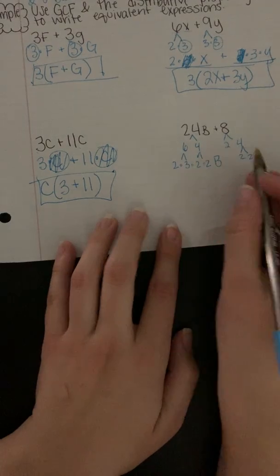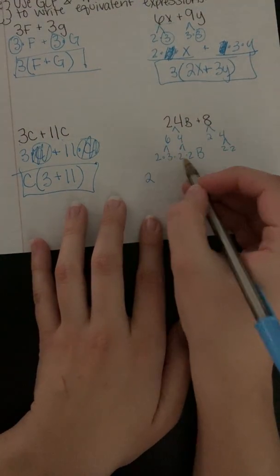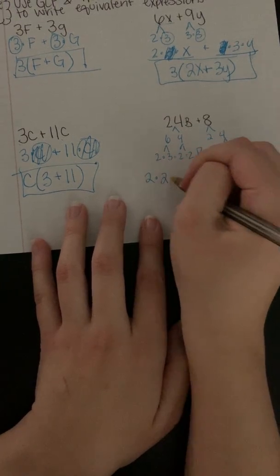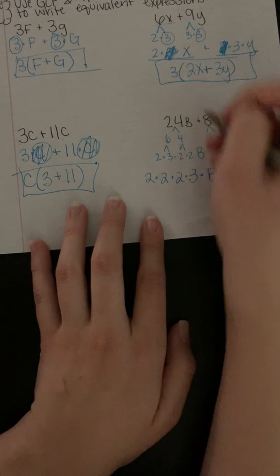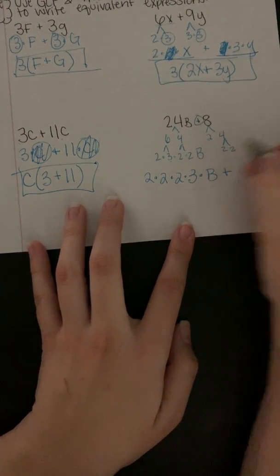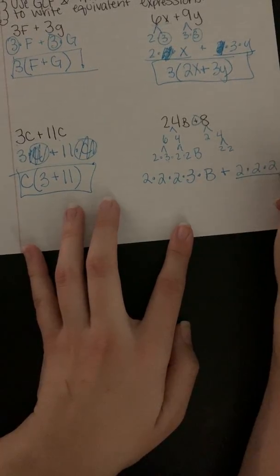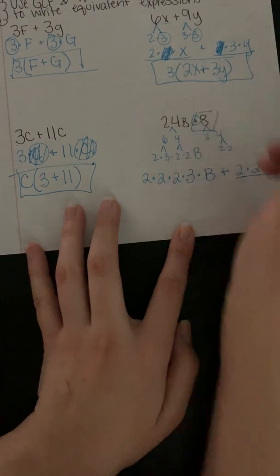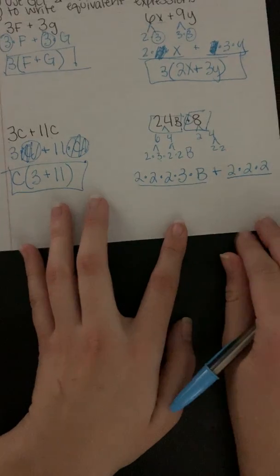So if I rewrite this as a whole expanded expression, I would have 2 times 2 times 2 times 3 times b plus 2 times 2 times 2. That comes from my 8. So this part comes from my 8, and this part comes from my 24b.